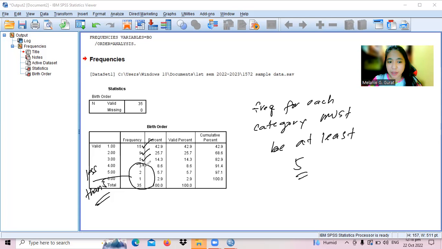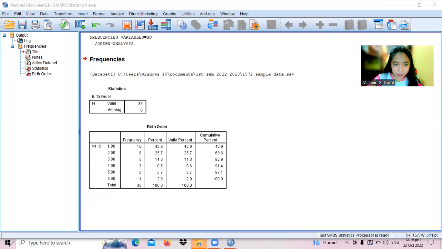Here, if we add 3 plus 2 plus 1, this will be 6. If we combine 4 to 6, then we can already proceed to our inferential problem. So how are we going to do that?